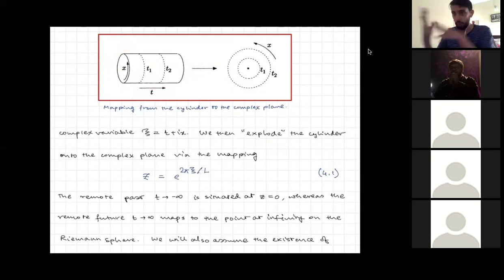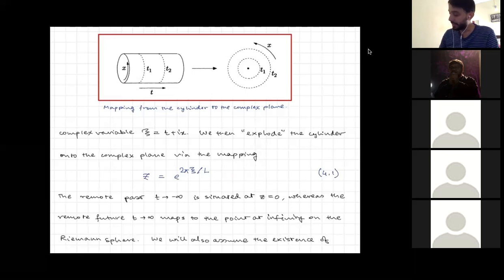If we explode it, if you wish, onto the plane, then the mapping that you want to use is z equal to e^(2 pi xi / L). If you make L equal to 2 pi, then your life just simplifies as z equal to exponential xi. But let's keep the L nonetheless.